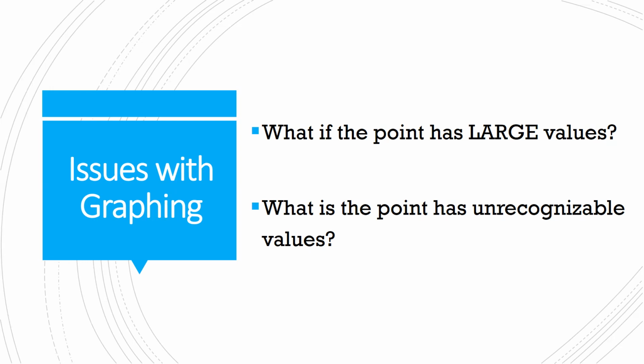So while graphing is a very nice method, especially if we're allowed to use some technology, it does have a couple of drawbacks. And therefore, in the next couple of parts, we will look at some algebraic ways to solve systems of linear equations. And those algebraic ways won't have the same drawbacks.